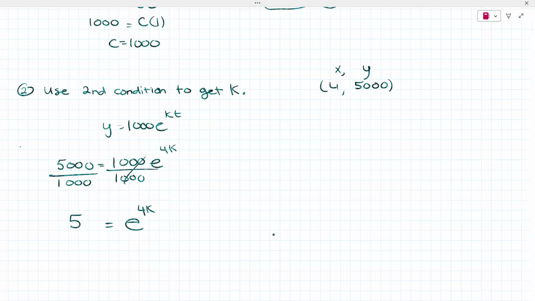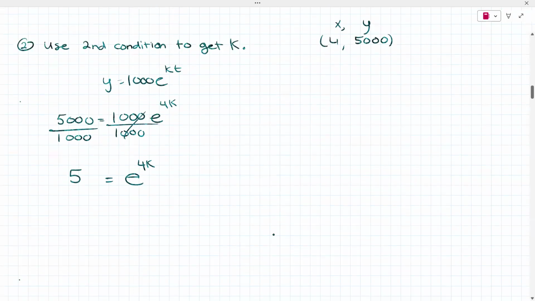Next we solve for k. Since there's an e, I'm going to take the inverse of e, which is ln, on both sides. On the left, it'll be ln of 5. On the right, ln of e to the 4k. ln and e are inverses, so this cancels, and you're left with 4k.